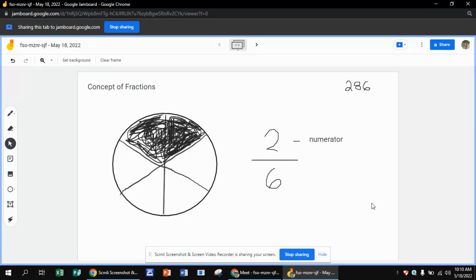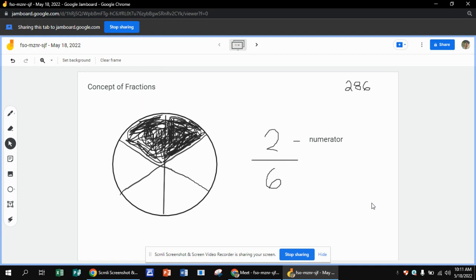The numerator is the part that, for example, we took or shaded, or there is a shaded part. Like in this pizza, how many shaded parts do we have? We have two parts, right?